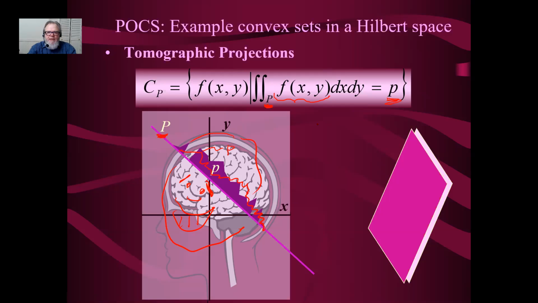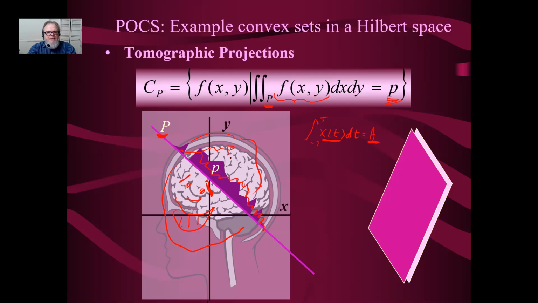Do you remember the constant area, the integral from minus t to t of x of t dt is equal to an area? We said that the set of all signals that had this area A formed a convex set. This is exactly the same thing, because we're keeping this path the same and defining our convex set.